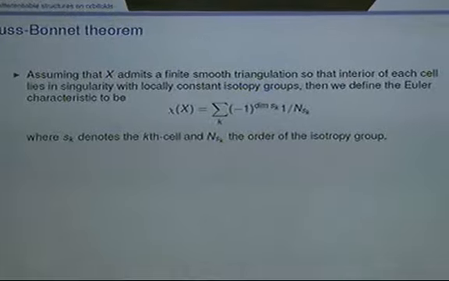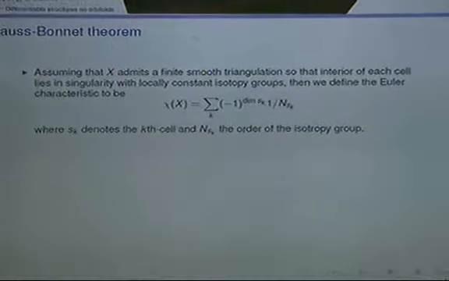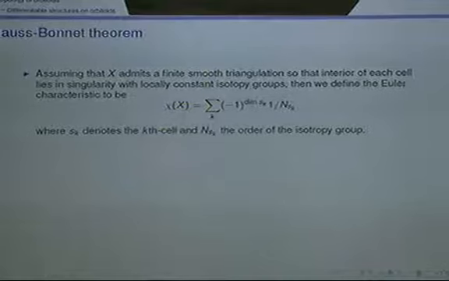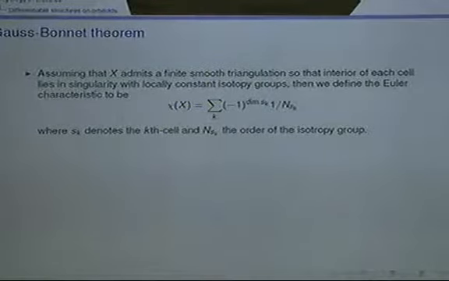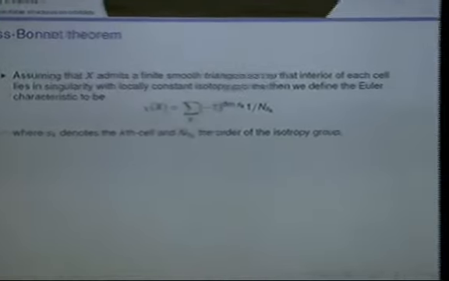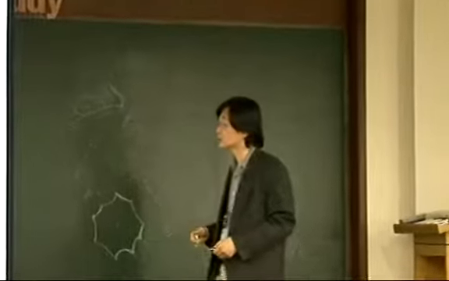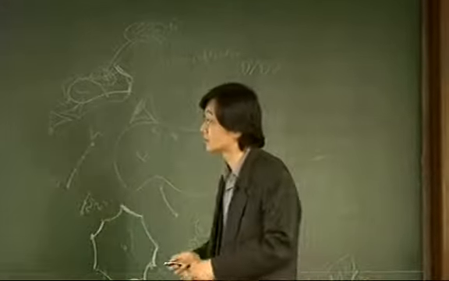Which means that if you have this kind of orbifold and you try to find a smooth triangulation, the basic point is that if you have a triangle or some simplex, then the interior of each cell, like this face, has to lie in one stratum. You don't want these cells to pass through some strata in a weird way. In that case, there is nothing we can do, so it's sort of bad.